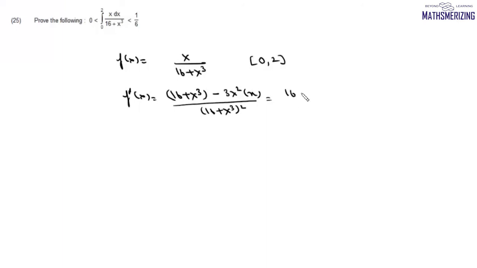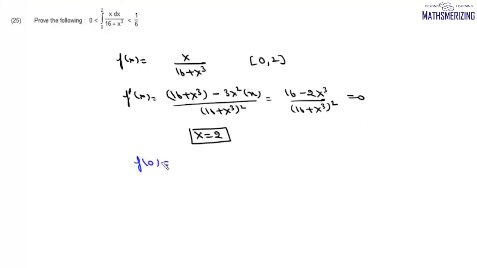It'll be simply (16 minus 2x cube) upon (16 plus x cube) whole square. Now we'll put it equal to 0. We'll get the critical point as x equals 2. Now we'll find the absolute maximum and absolute minimum value of this function in the interval 0 to 2.